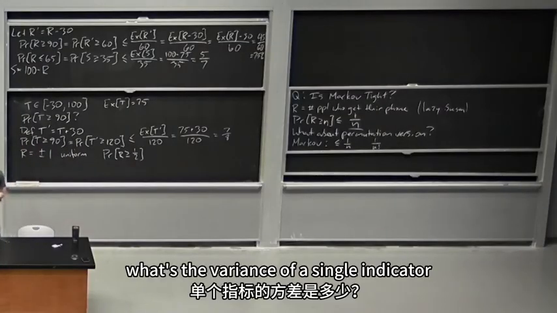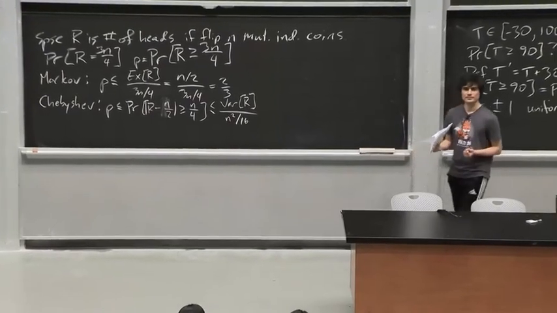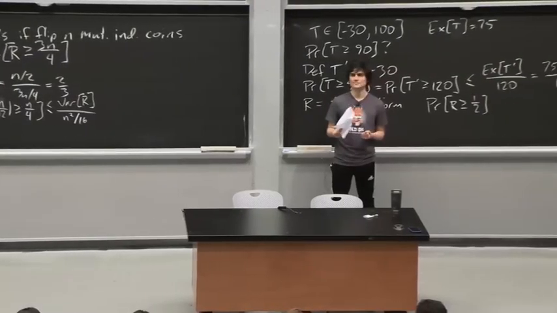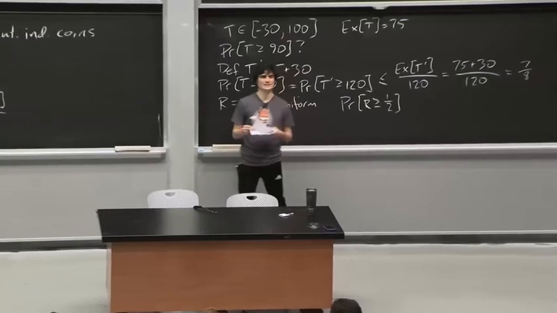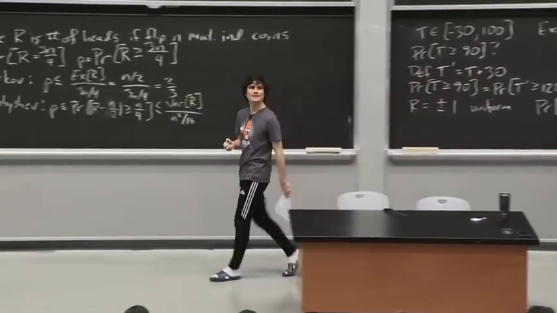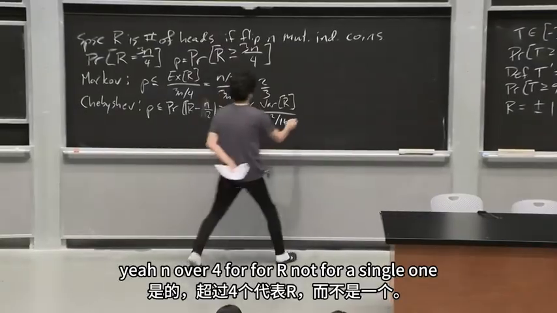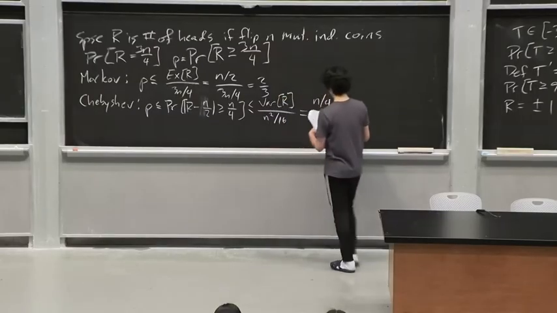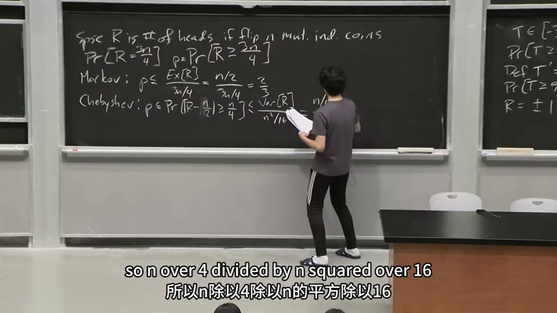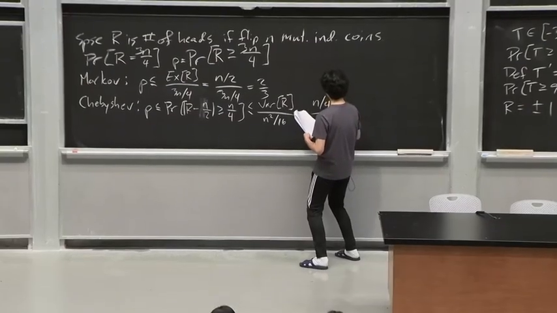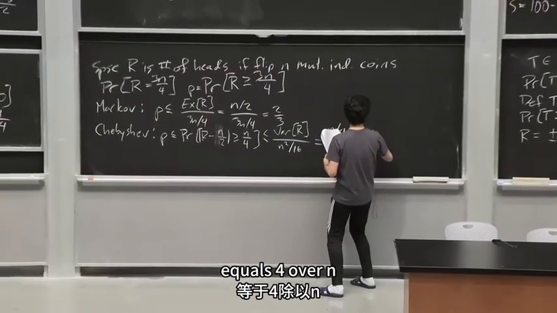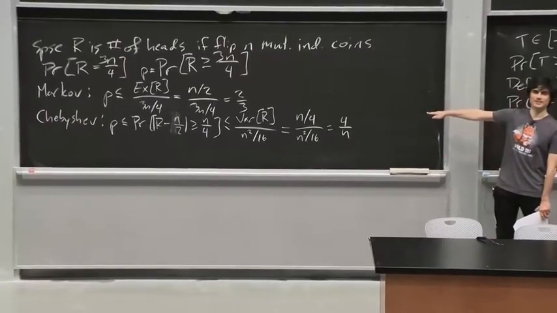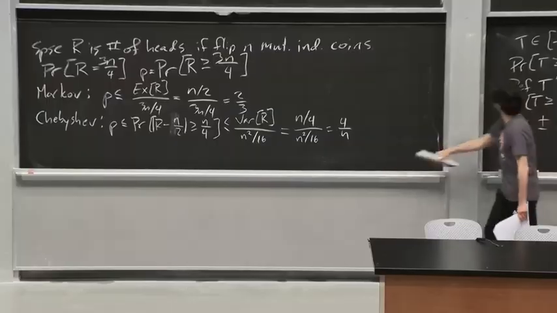What's the variance of a single indicator? Nobody? Yeah, n over 4. Well, for R, not for a single one. So n over 4 divided by n squared over 16 equals 4 over n. So much better than the 2/3 we just got.